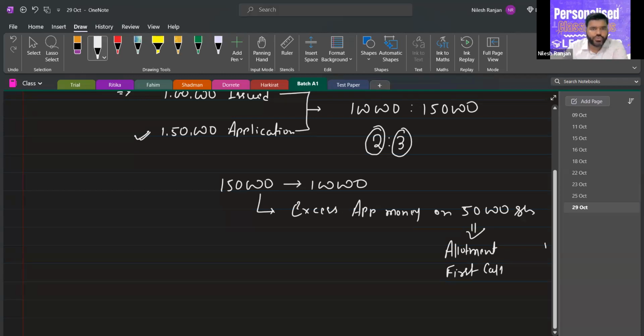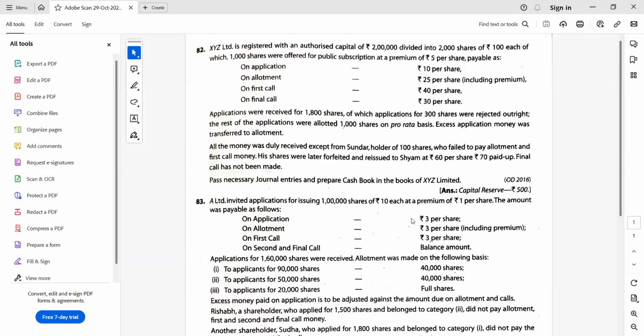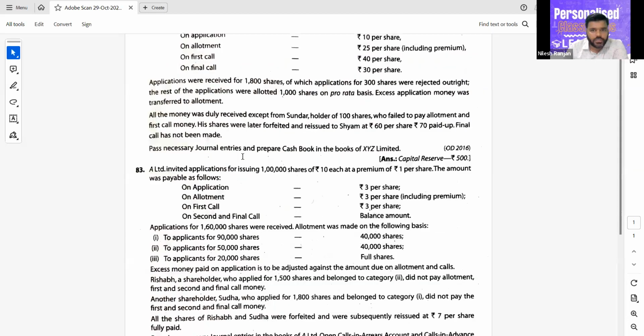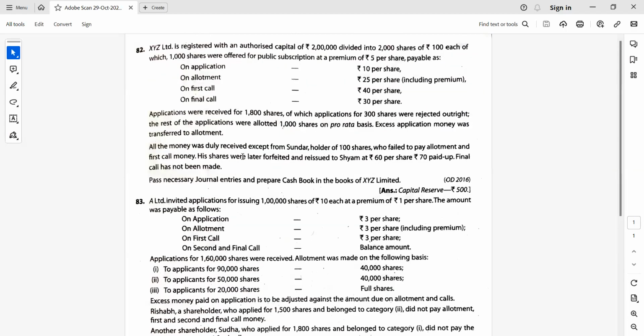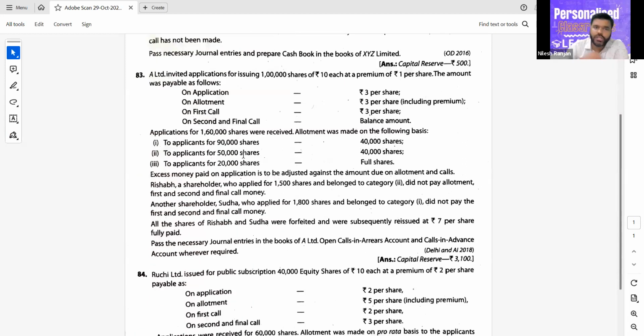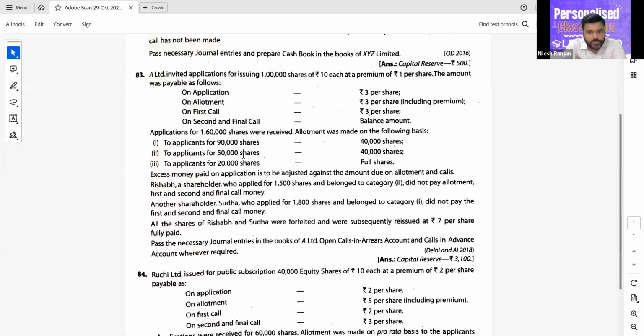Okay, you can see the question. Yes, sir. So this is our question here. Now let's take question number 83. I'm reading the question, I will explain it, and then we'll discuss the theoretical part with this question.